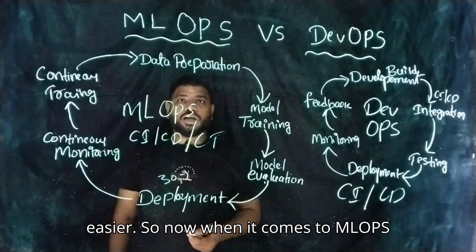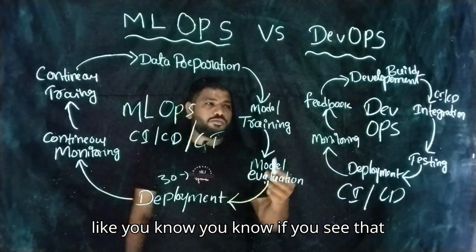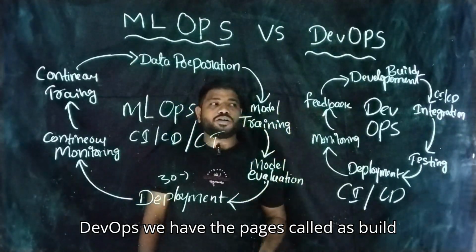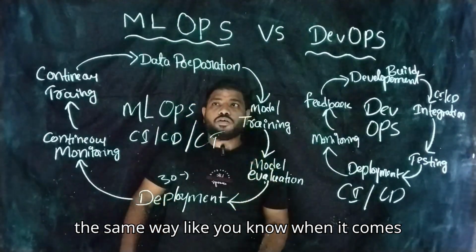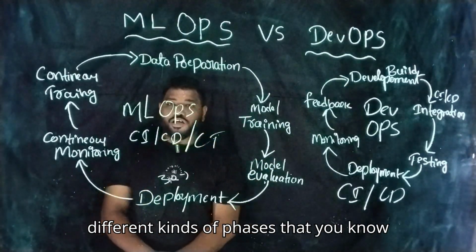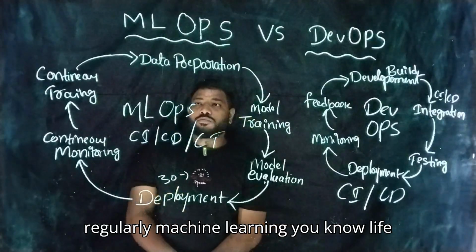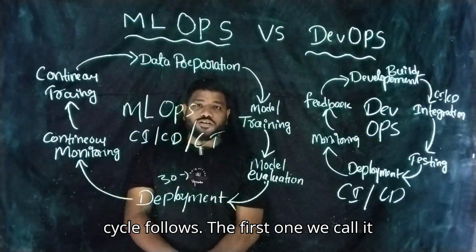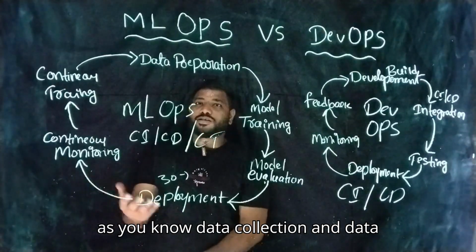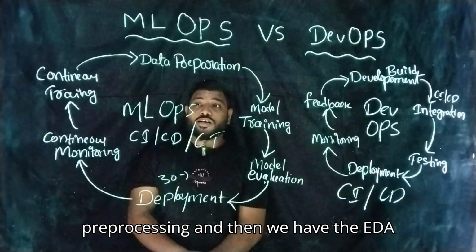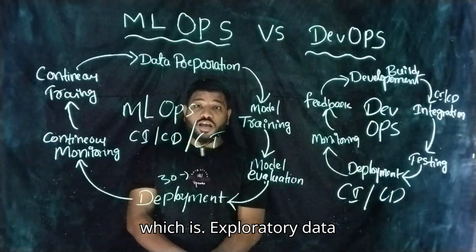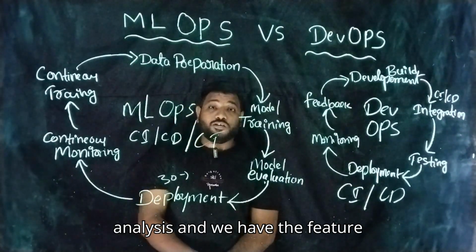Now when it comes to MLOps, in DevOps we have the phases called build, test, deploy, and monitor. It's the same way in machine learning, where we have different kinds of phases that the machine learning life cycle regularly follows. The first one is data collection and data pre-processing, and we have EDA, which is exploratory data analysis, and feature engineering.